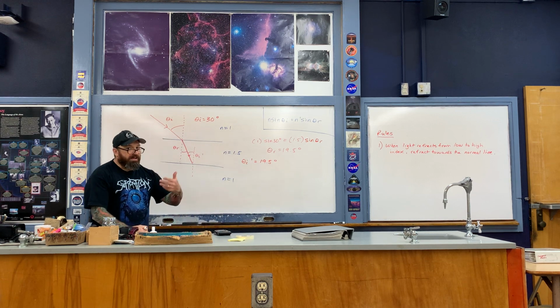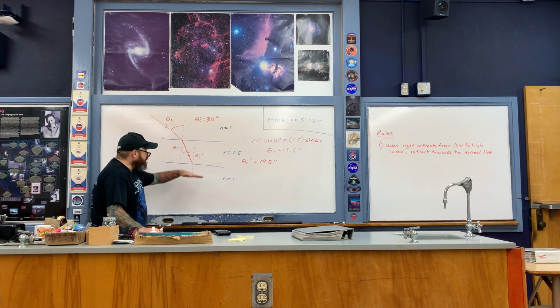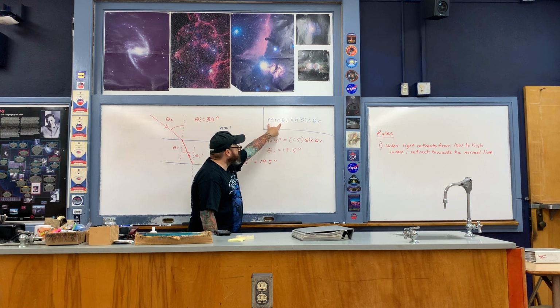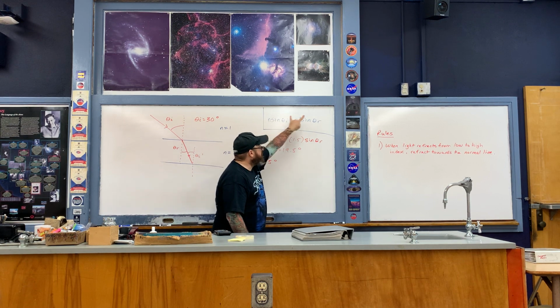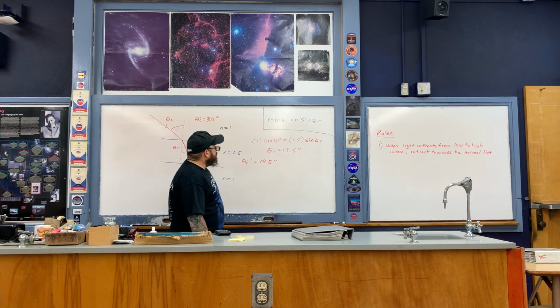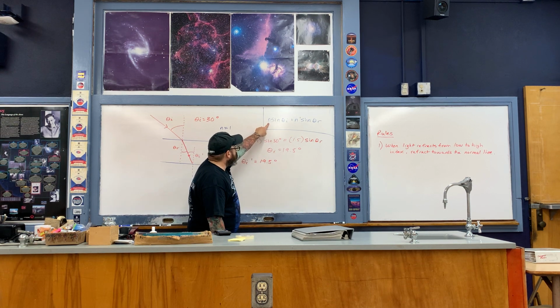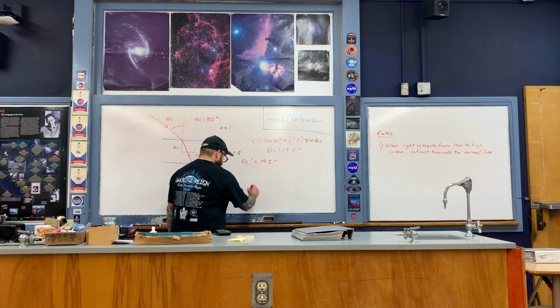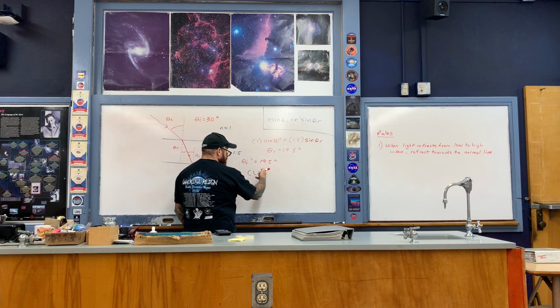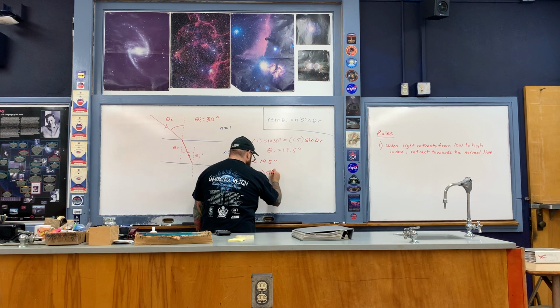Okay, now let me write Snell's law again as the light propagates from the glass to the air. In this case, the left-hand side of the expression refers to what is going on in the glass, and the right-hand side refers to what happens as I refract into the air. So on the left-hand side for the glass, we have 1.5 multiplied by the sine of this new incident angle of 19.5 degrees.